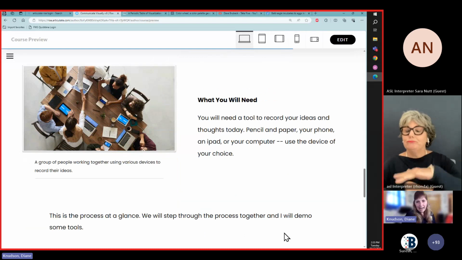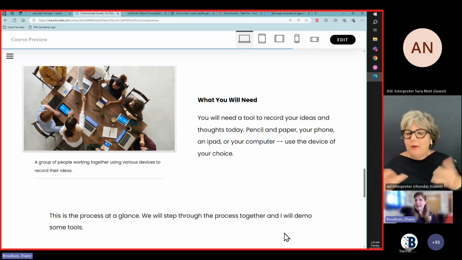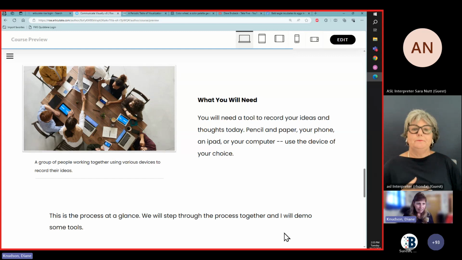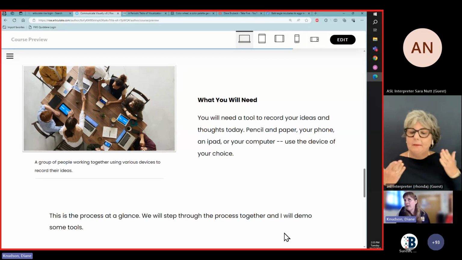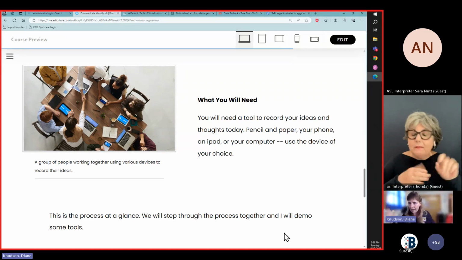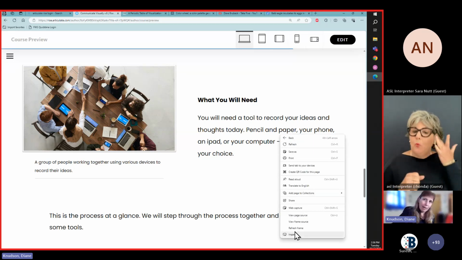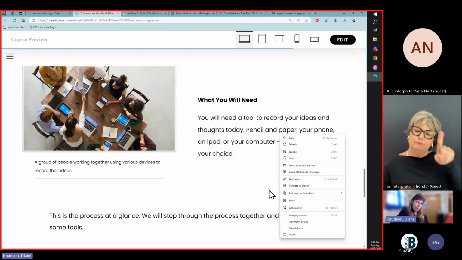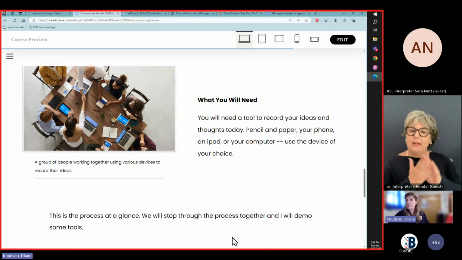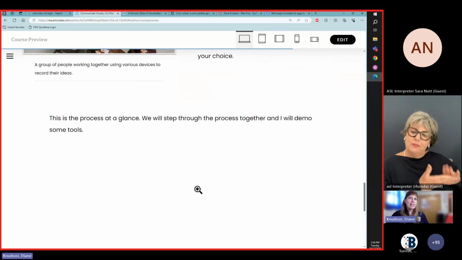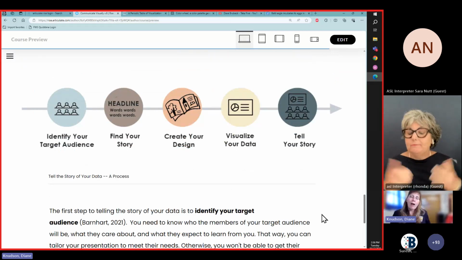So what you'll need today, you'll just need some kind of recording device, paper and pen, computer, iPad, phone, whatever you like, because I will ask you some questions and I will ask you to write a few things down or record them. So what we'll do today, here's our process at a glance.